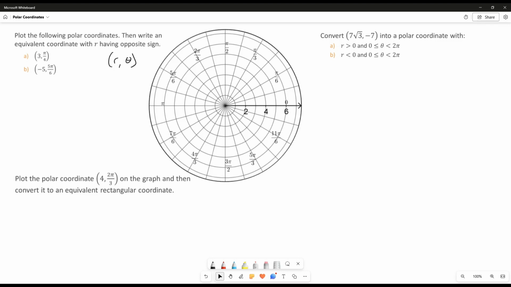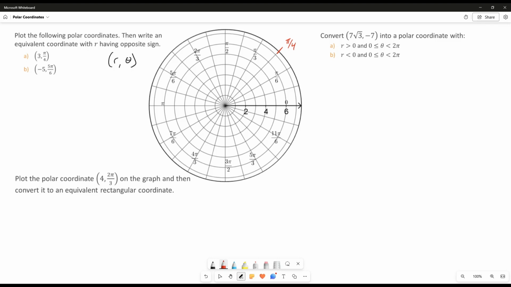Okay, so to plot this point, we need to go to the pi over 4 angle. So right here is pi over 4. It's in the middle of the first quadrant, right? And we need to go out, in a radial distance from the origin, 3 units.